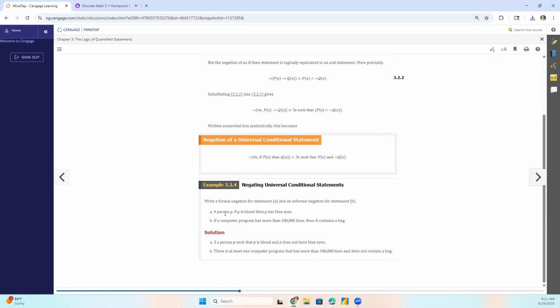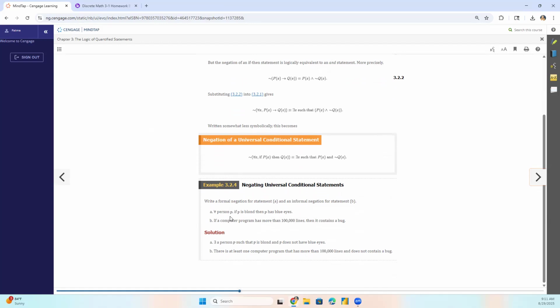So let's take a look at this question. Write a formal negation for statement A and an informal negation for statement B. So here is a question. For every person P, if P is blonde, then P has blue eyes.